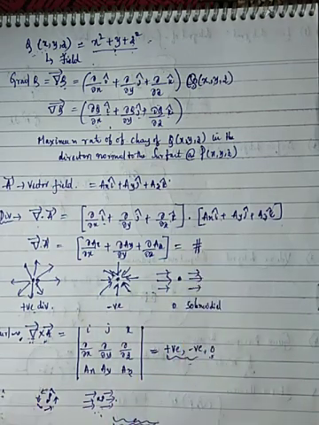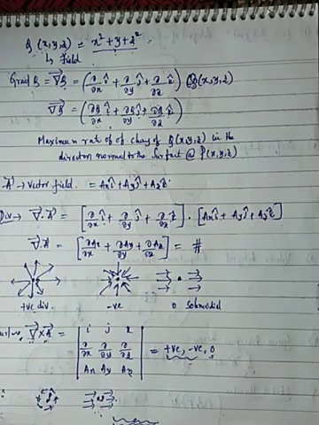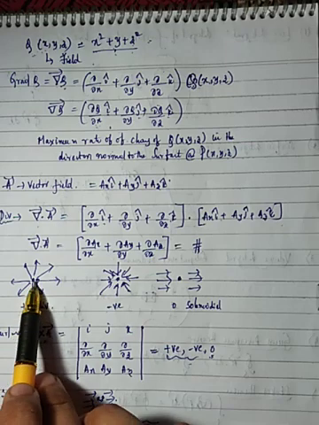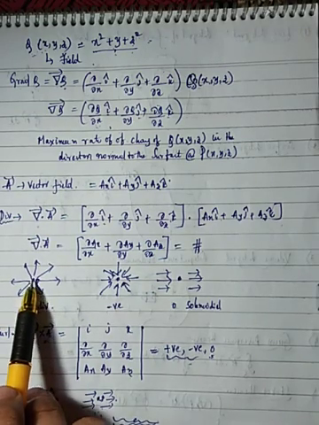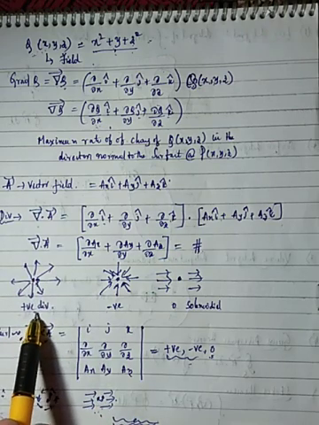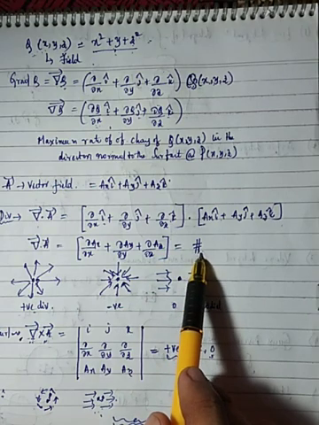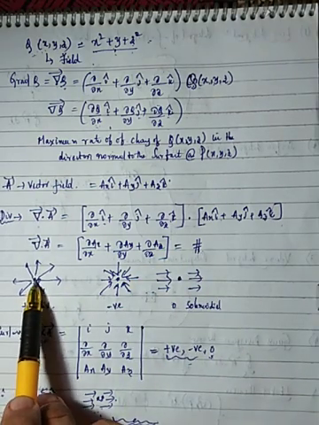And what is the physical significance of this? This is the most important thing. As the name itself suggests, the divergence operator tells whether there is a positive divergence, a negative divergence, or a zero divergence. What do you mean by a positive divergence? Suppose that this is point P which is under consideration. If something is diverging out of this point, and this number is positive, then that means the point under consideration is a source.